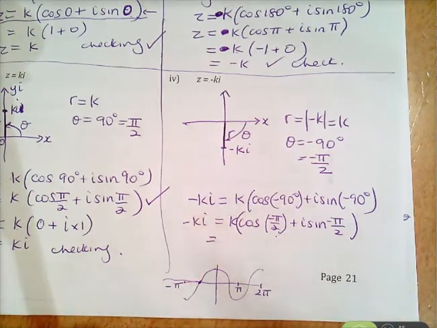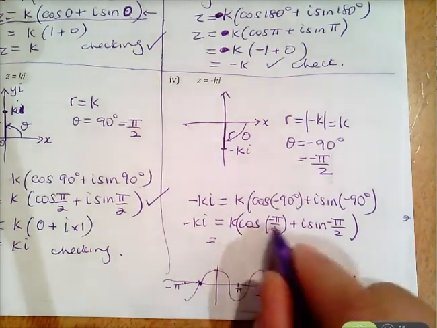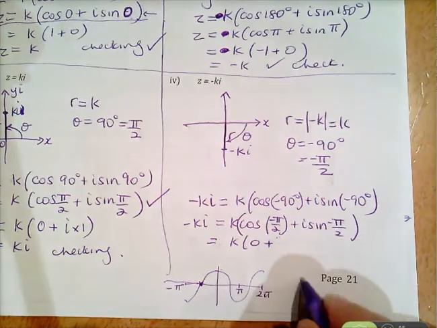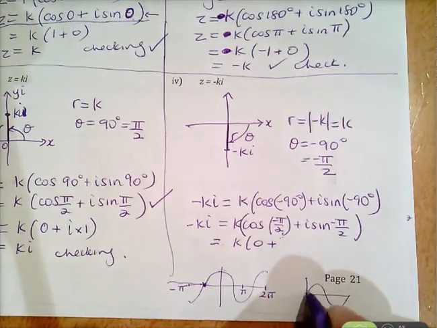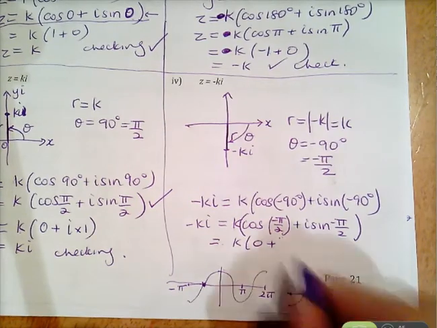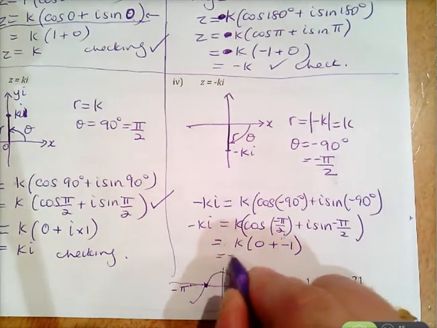So that's the cos curve, and this is negative pi on 2. Cos of negative pi on 2 is 0, plus sine, if I drew the sine curve and continued there, this is negative pi on 2. Sine of negative pi on 2 is negative 1. So therefore it's k times negative 1, which is negative k.